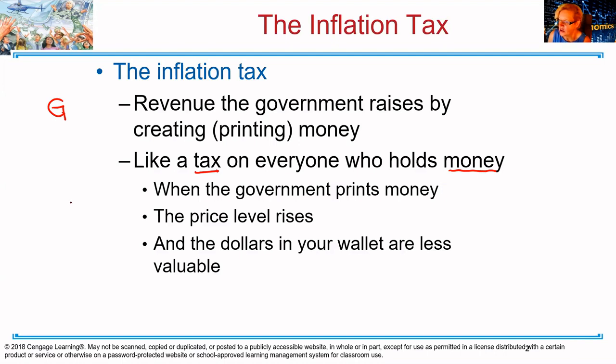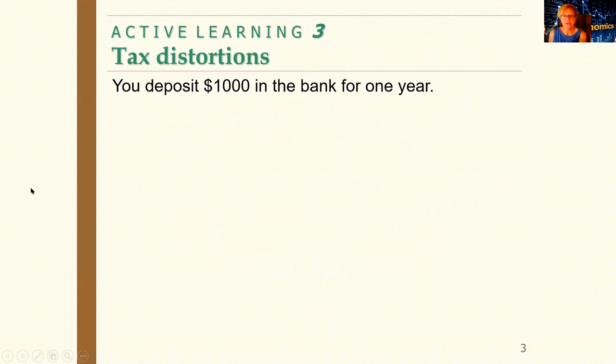Why? Because when the money supply increases, the value of a dollar decreases. It takes you more physical dollars to buy the same amount, and basically what happens is an increase in the price level.